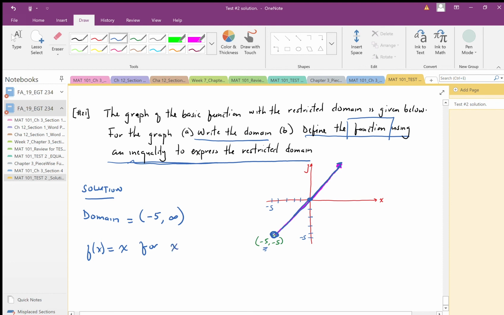We can see the graph is going up in a positive direction. So that's going to be x has to be greater than -5. So this is your answer right here, okay? And this is your answer right here, okay?